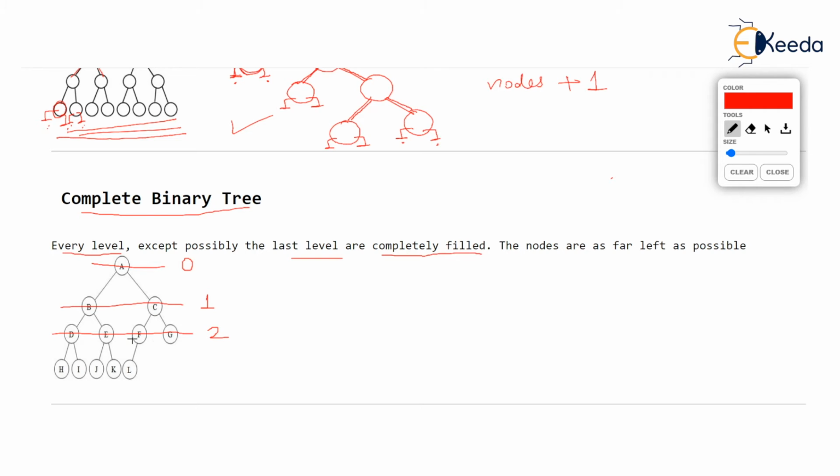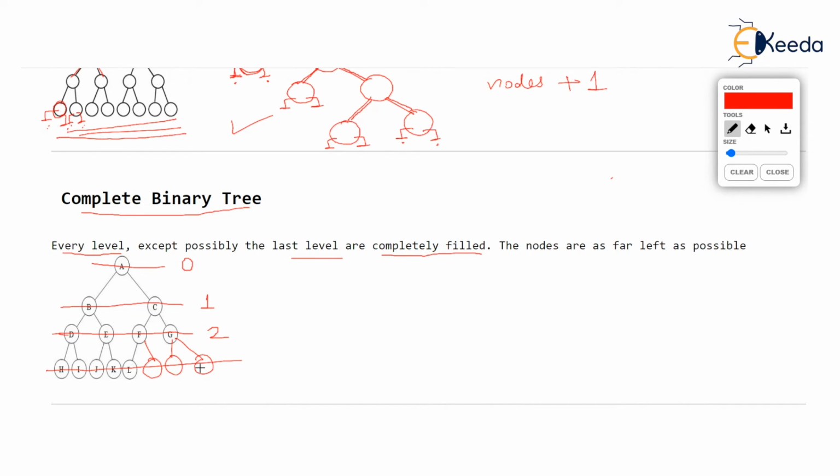Level 2 can have 4 nodes maximum. How many nodes can level 3 have? If you count level 3, there can be a node here I am drawing and the next two nodes. So at level 3, the maximum number of nodes can be 8. Correct or not? And at level 2, the maximum nodes can be 4.